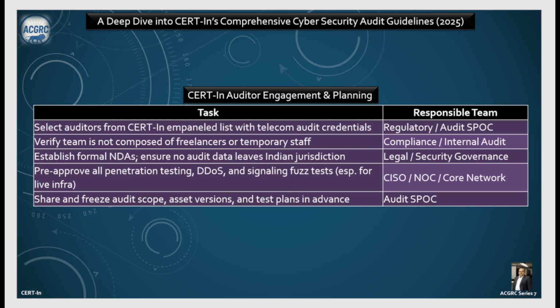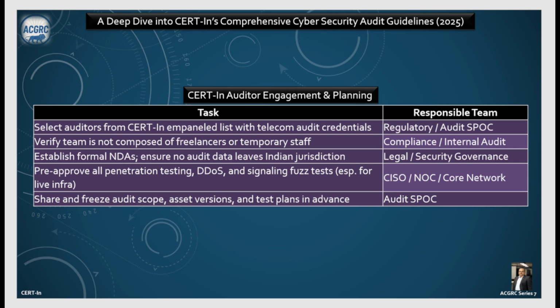This is where you need your CISO, your NOC team, and your core network team to get involved. Step 5. Share and freeze the audit scope, asset versions, and test plan in advance. This is the role of the audit SPOC.